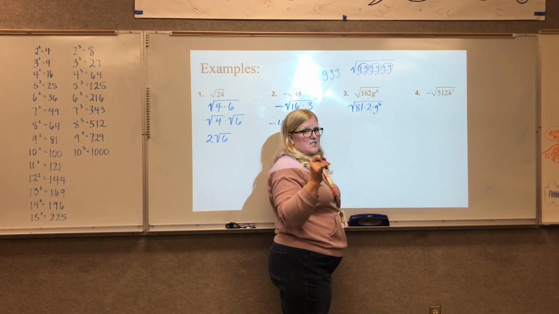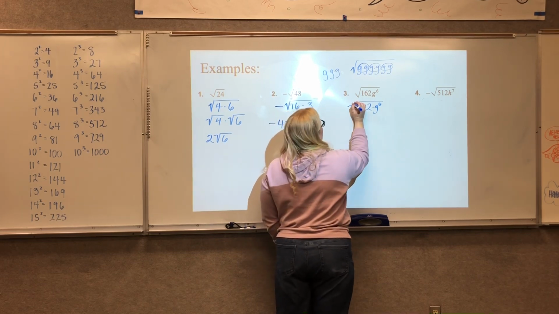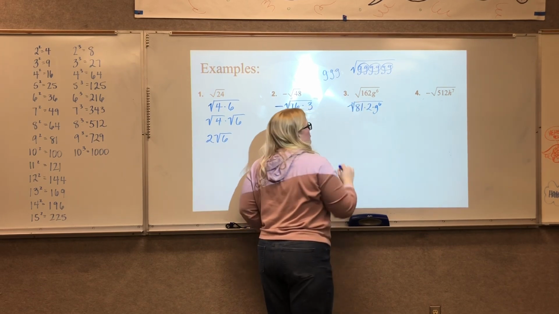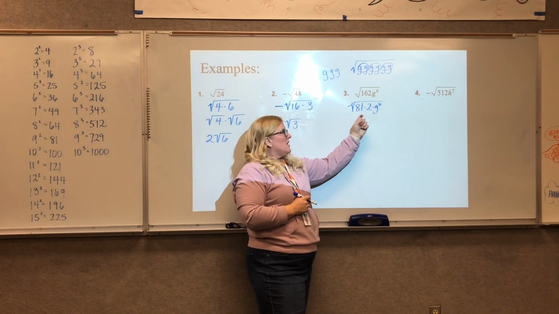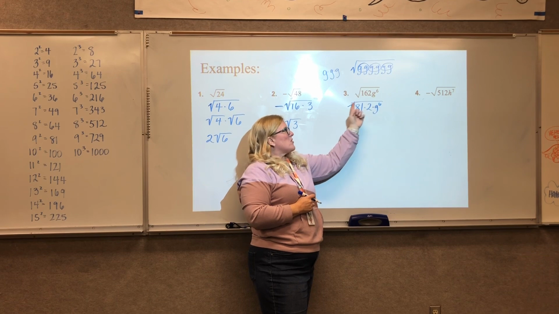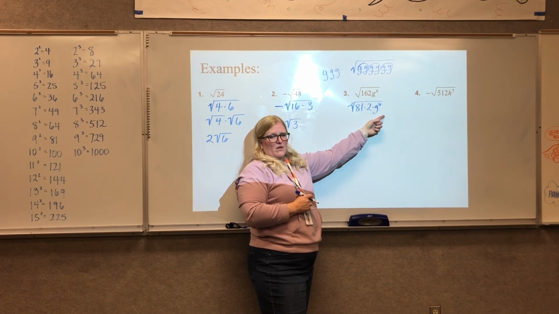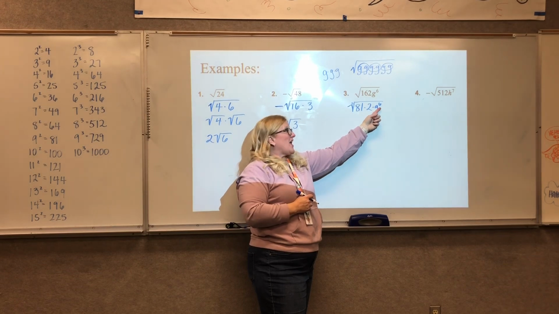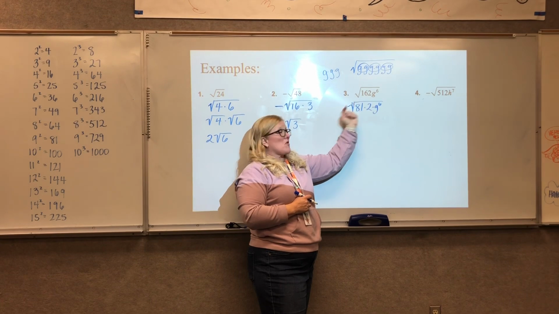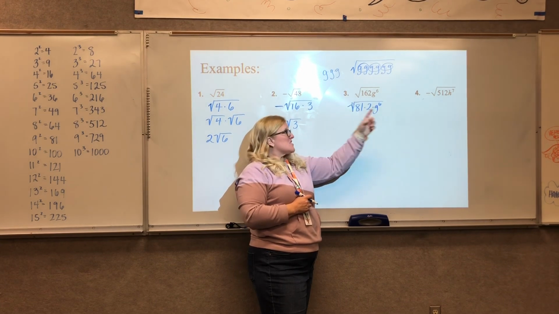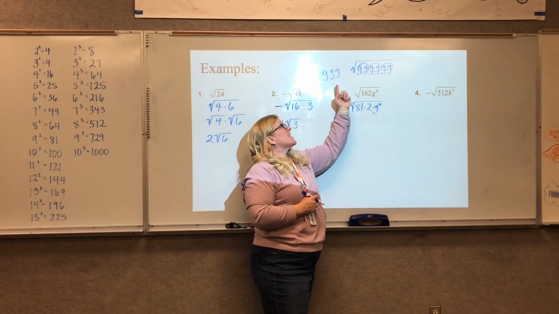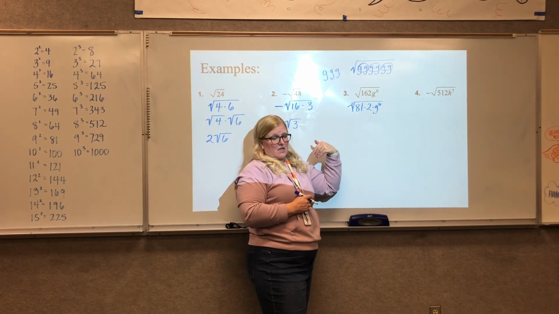Now let me tell you a little secret here. With a square root, we don't put the 2 there, the 2 is invisible, but there's really a 2 there. If you can divide the exponent by 2, if it's even, then it's a perfect square, and your answer is that number divided by this number. So 6 divided by 2 gives me my exponent on the outside.